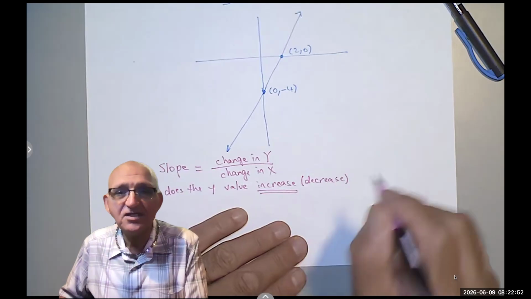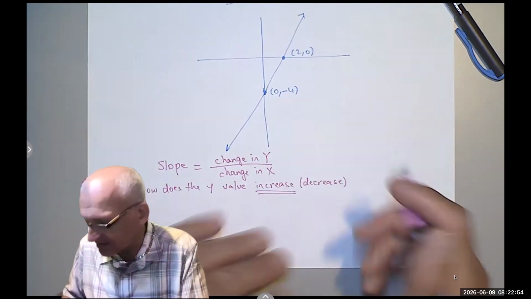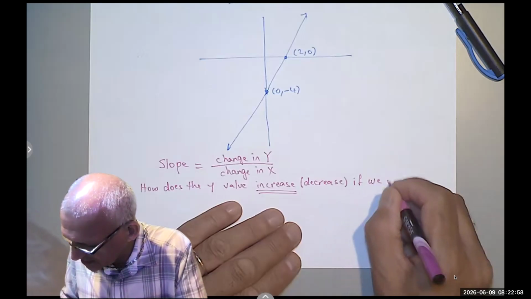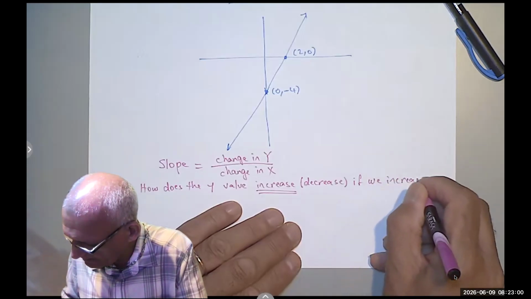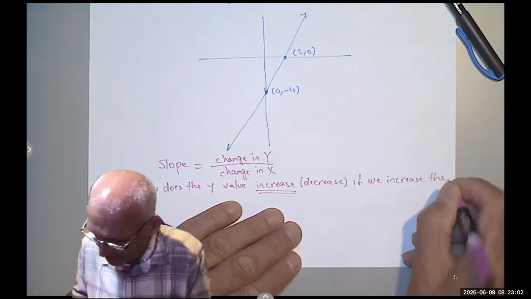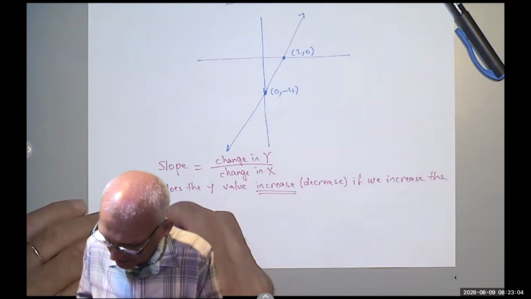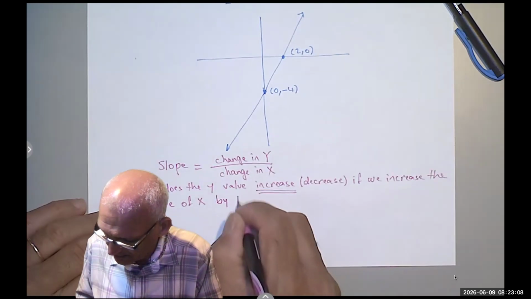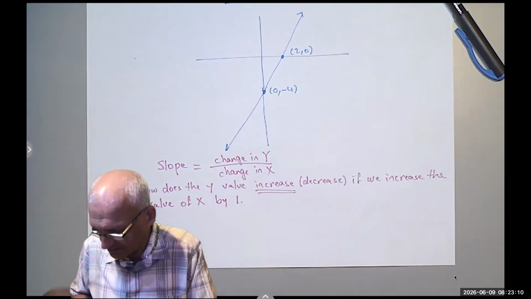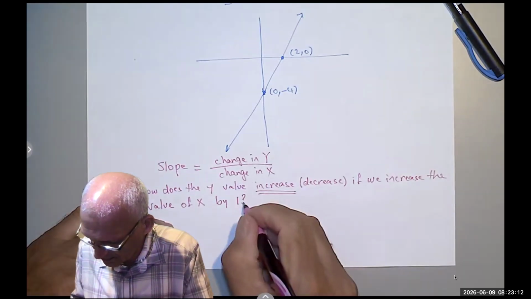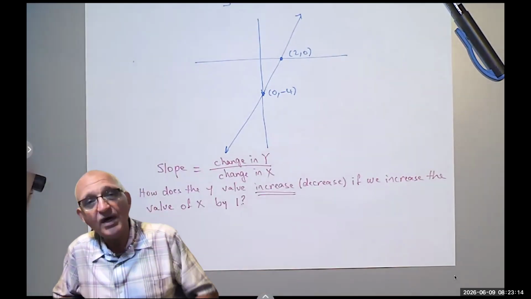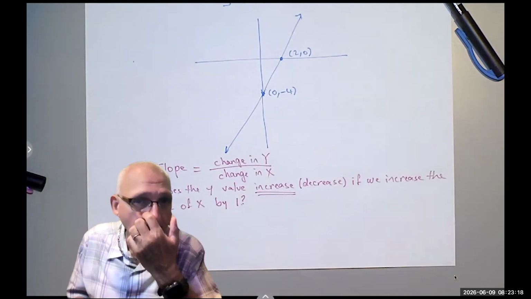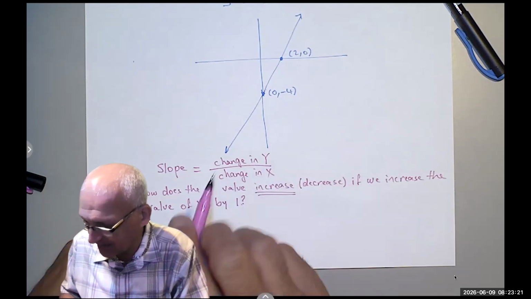For a unit increase of x, again, we want to write it in English, so we say if we increase the value of x by 1, how does the y increase?